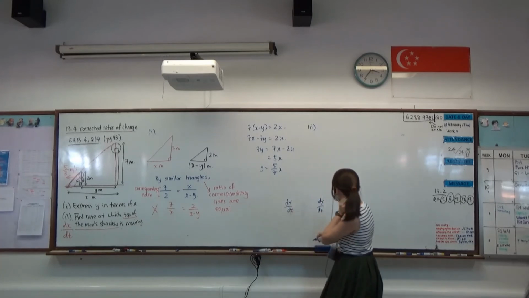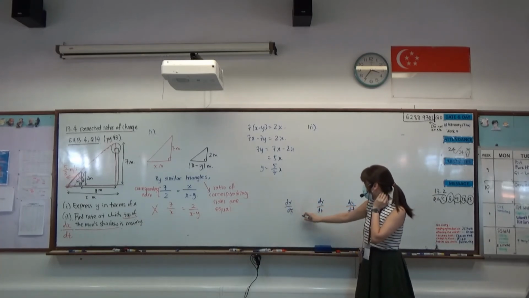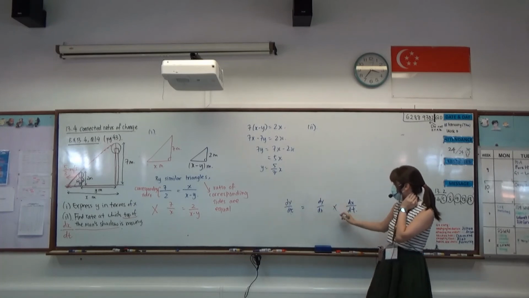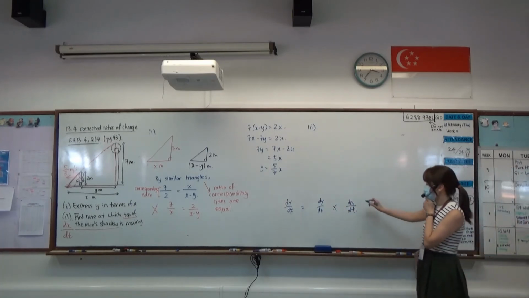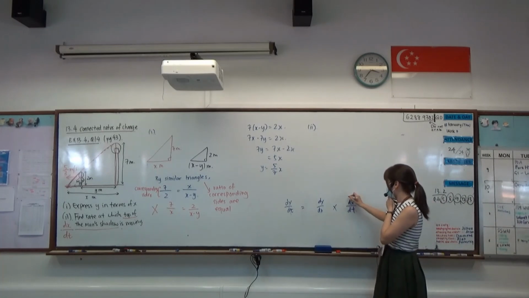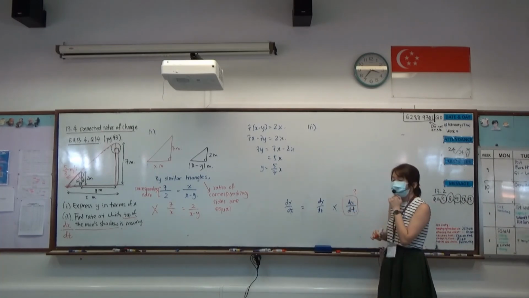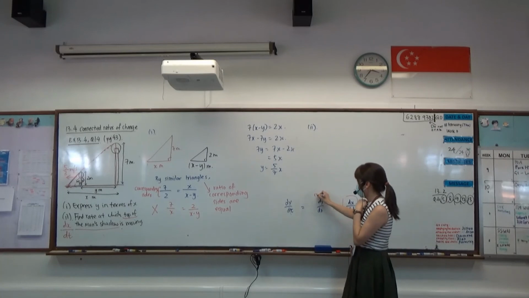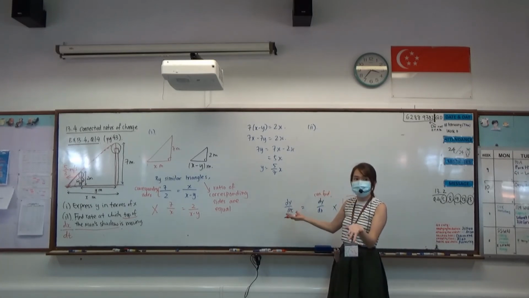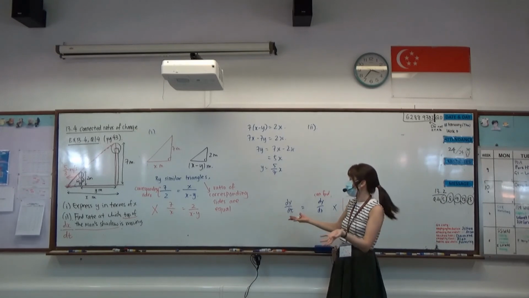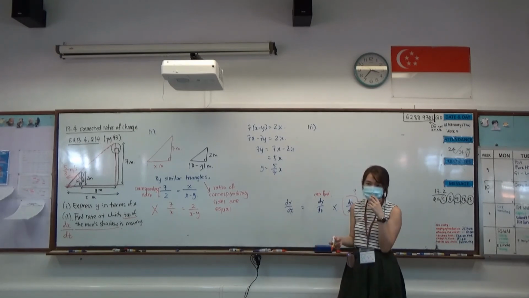So dy over dt is equal to dy over dx times dx over dt. This one, dx over dt, is what we want to find. dy over dx we can find. dy over dt we need to know. So where am I going to get my dy over dt from?